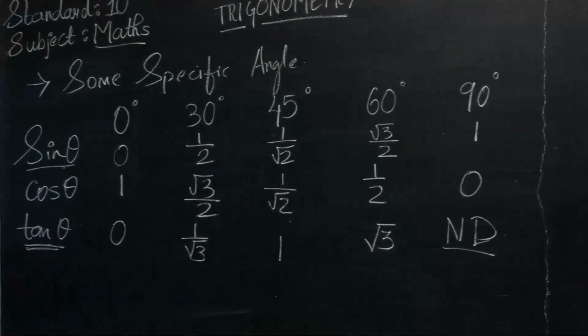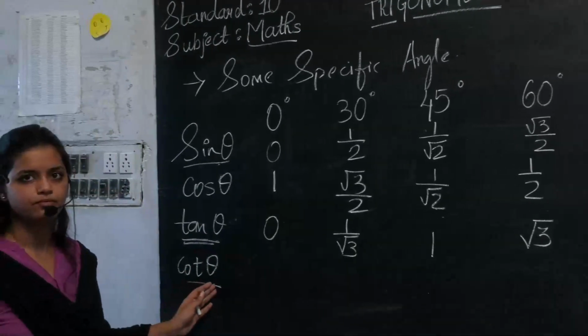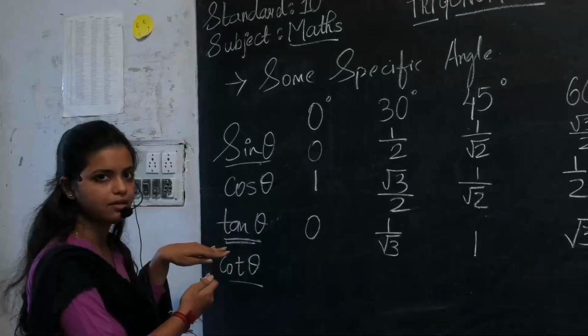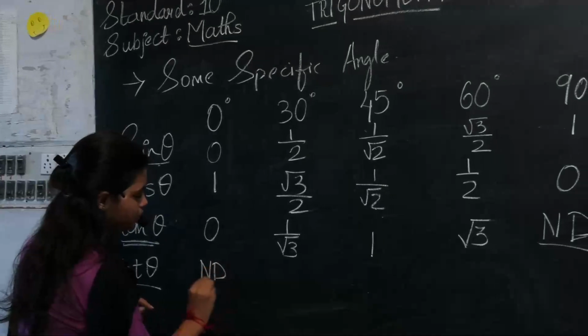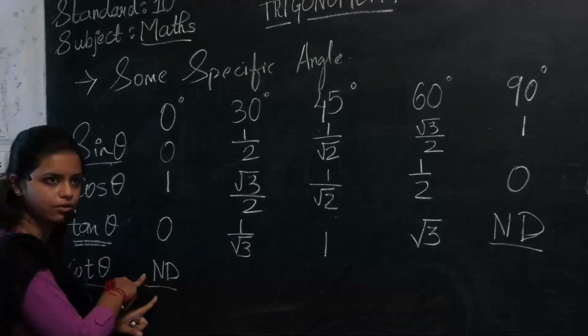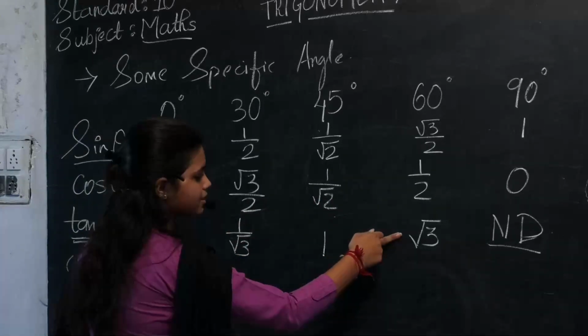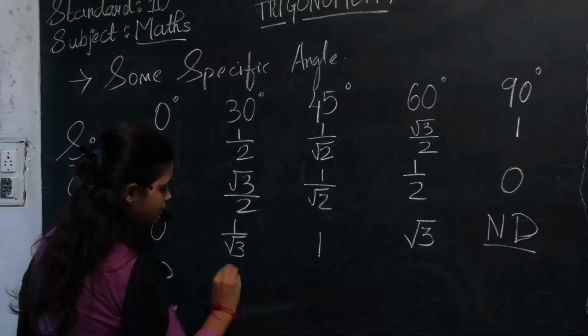So we'll write here ND, which means not defined. Clear? Going for cot. Cot theta, we'll write from that side as we wrote for cos. Cot 0 is ND, not defined. Why? Because tan 90 is equal to cot 0. Then what is tan 60? Root 3, which is equal to cot 30. What is the answer?